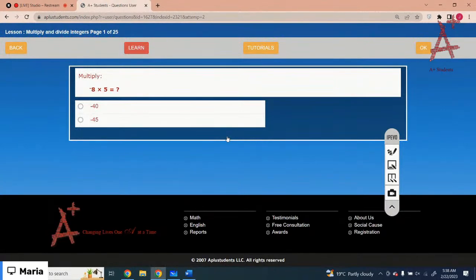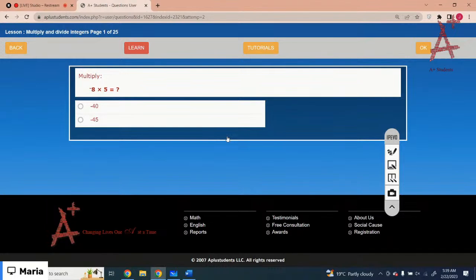One of the numbers is negative. Just write the answer in the chat box. Negative 8 times 5 is... yes, very good.